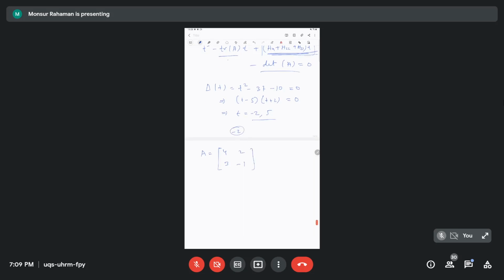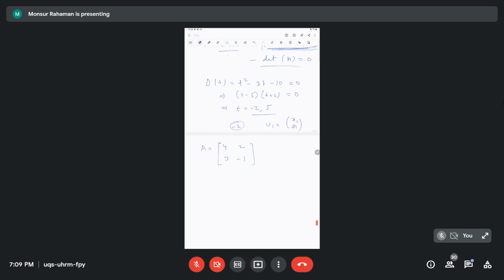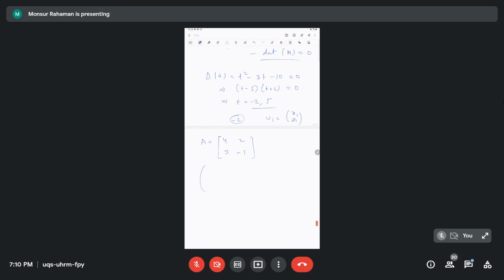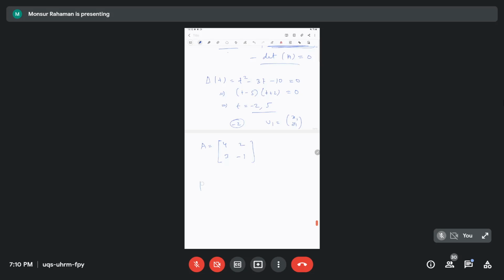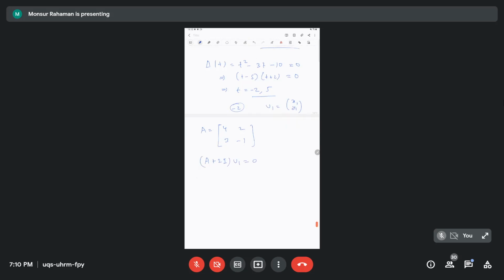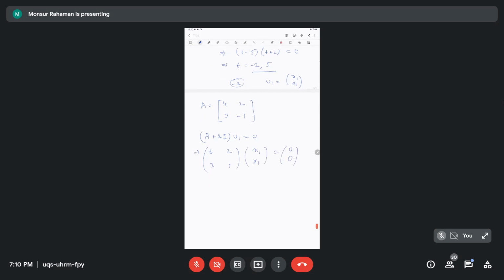If you find the eigenvector, let's call it v1, which is (x1, y1). We are considering A minus (minus 2) means A plus 2I, times v1 equals 0. This gives [6 2; 3 1], and v1 is (x1, y1) equals (0, 0).